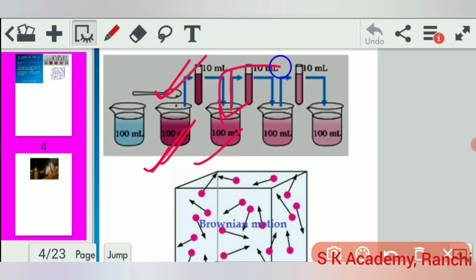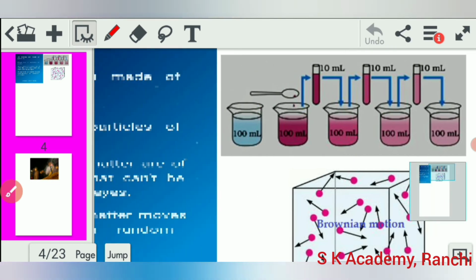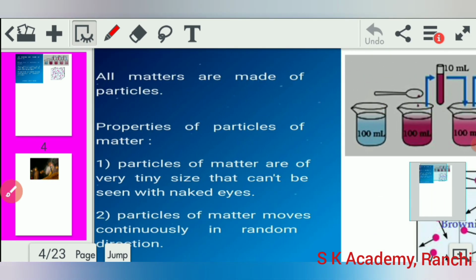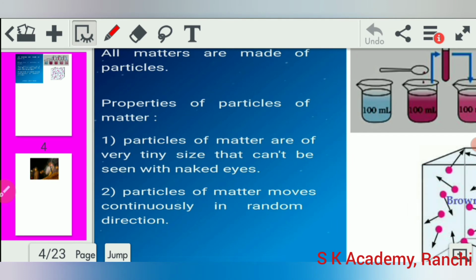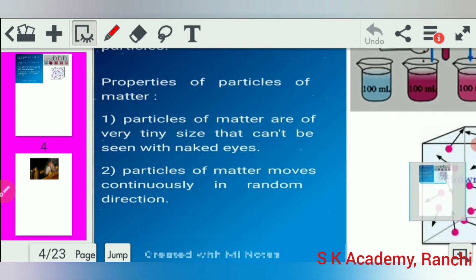Again, when we mix 10 ml, these potassium permanganate particles again get divided finer and finer and make the whole 100 ml water colorful. So from here we can say that particles of matter can divide into very small sizes.